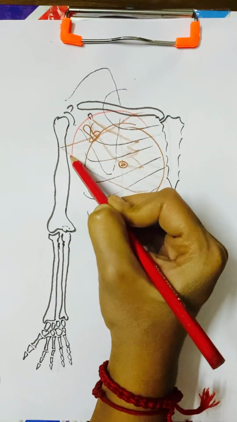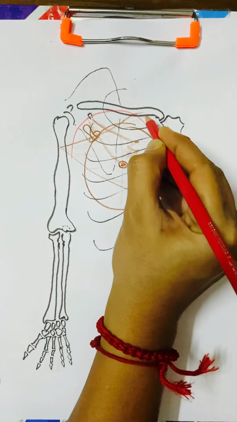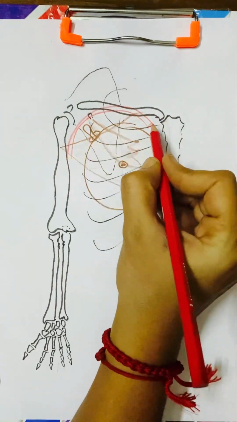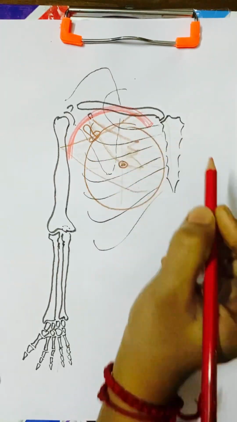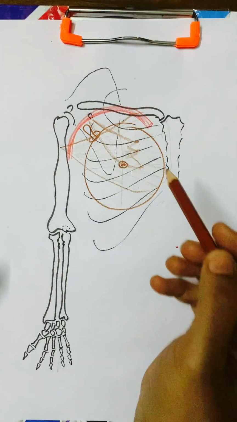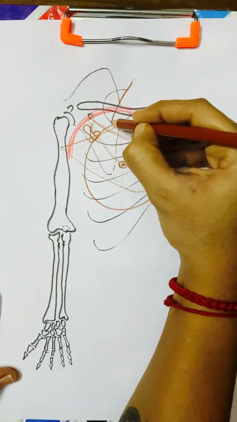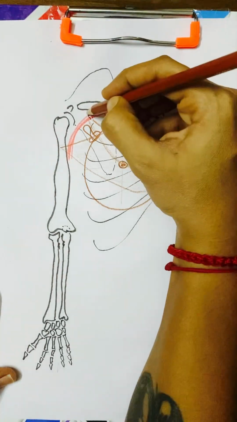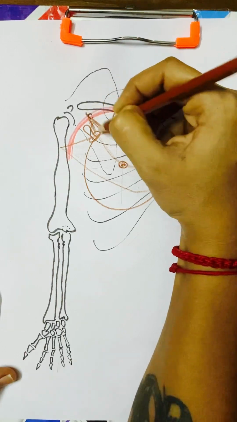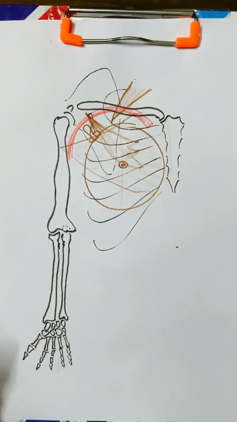And here is the location of artery. Subclavian artery continues as axillary artery. So the subclavian artery is divided into three parts by scalenus anterior muscle, and axillary artery is divided into three parts by pectoralis minor muscle.